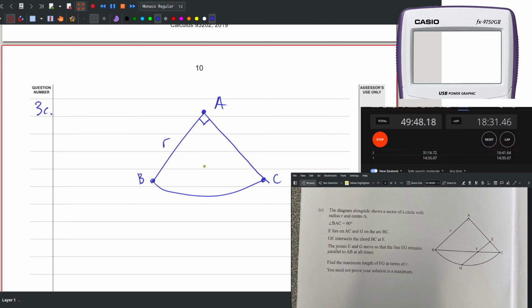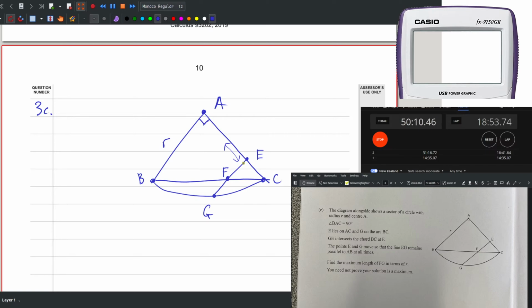E lies on AC. And G lies on the arc BC. Oh, I see. This is a nice problem.